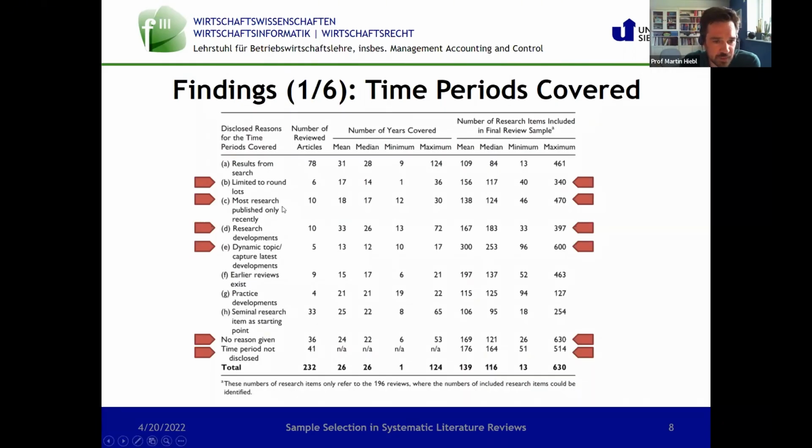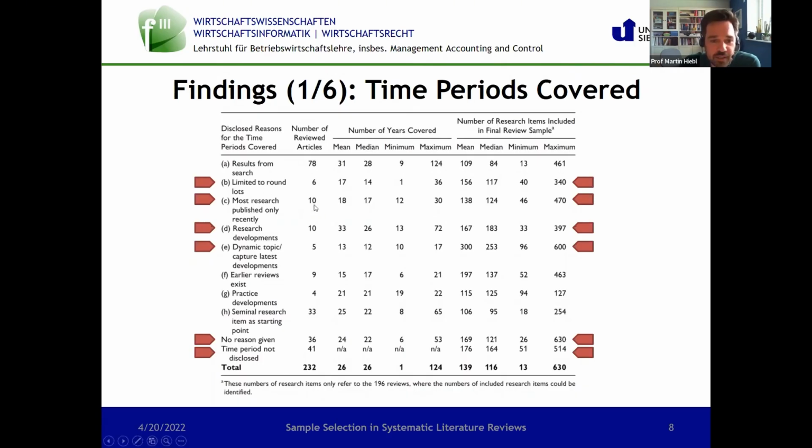Another interesting explanation for limiting the time frame was that some papers said that they only want to cover a very dynamic research field, and most research has been published only recently. Period. That was the explanation.